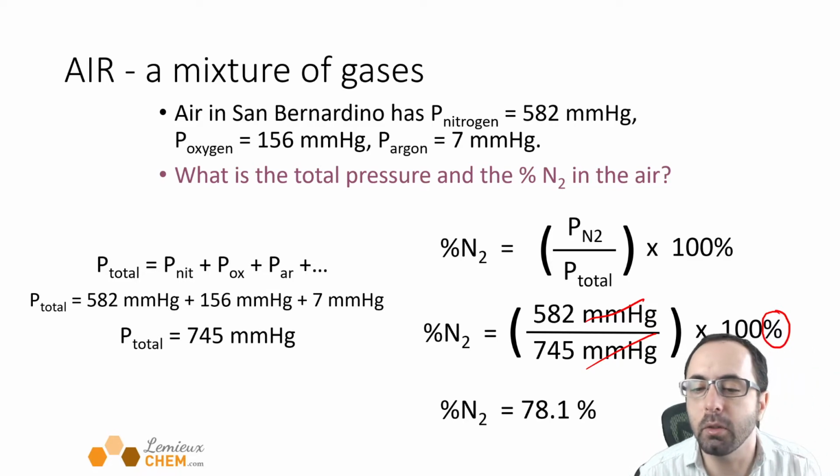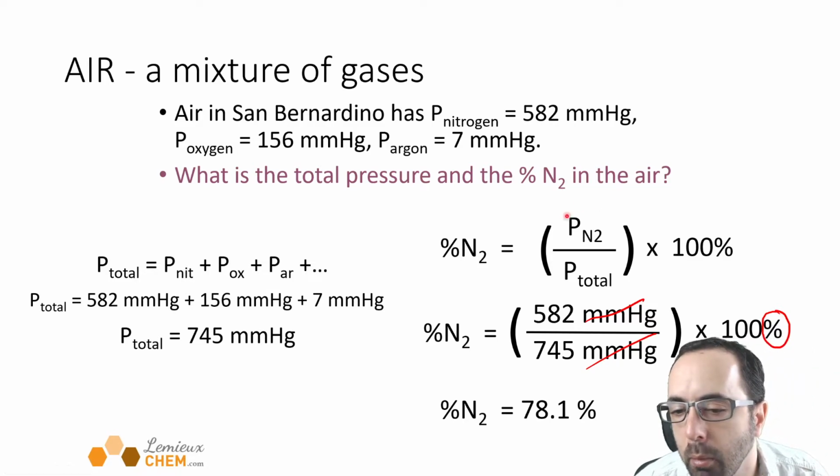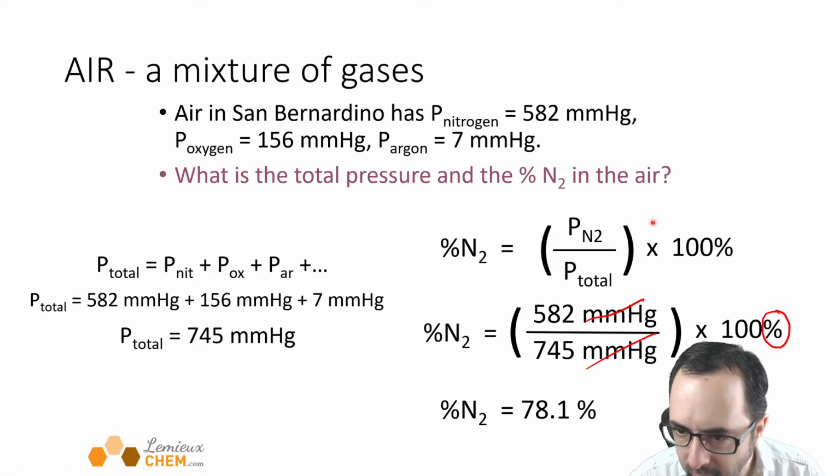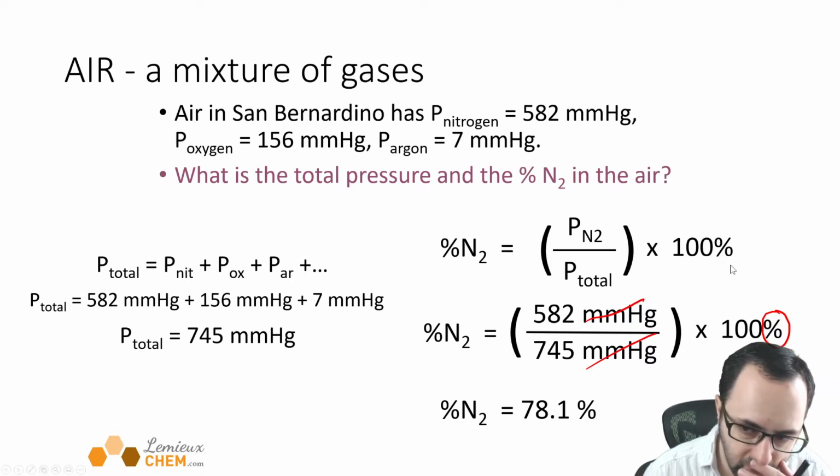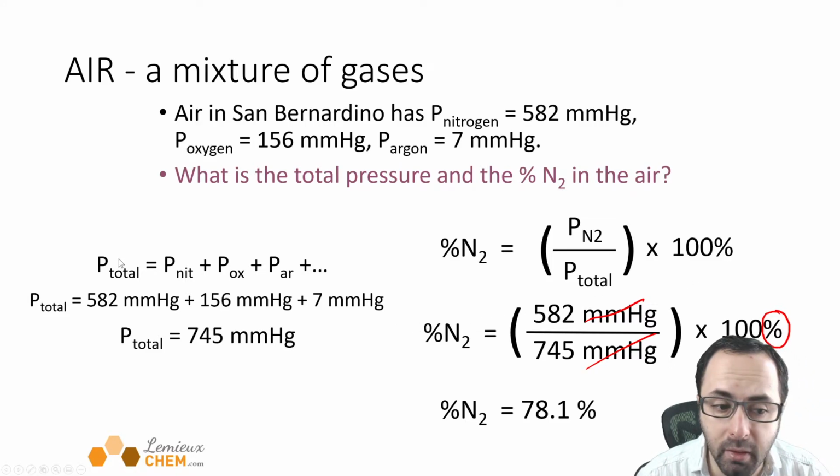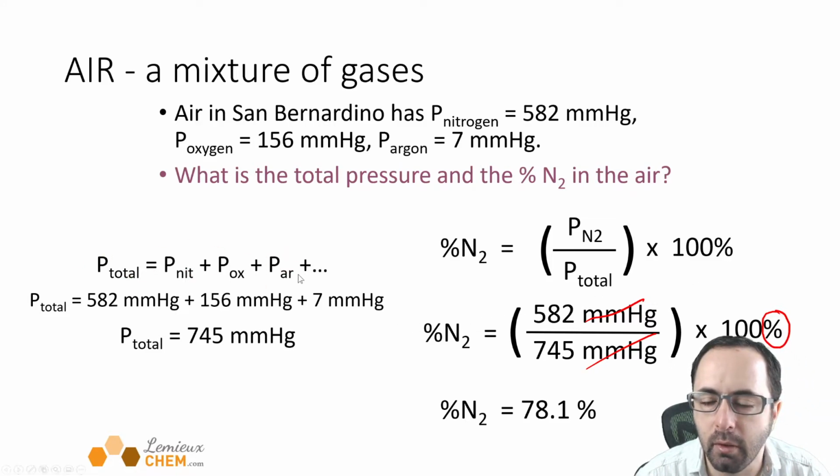If you want to find the percentage, then you take the pressure of that gas over the total pressure, giving you the fraction of gas molecules that are due to that gas, and then you multiply it by 100% to turn it from a fraction into a percentage. If you want the total pressure, you add up the partial pressures of everything.